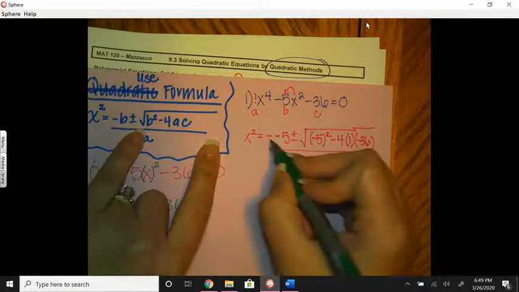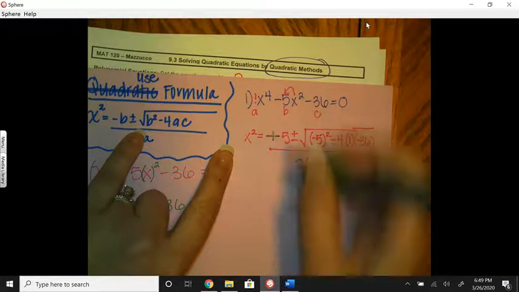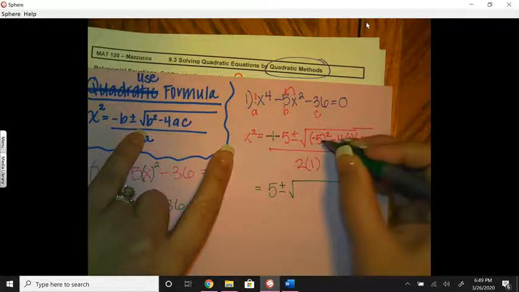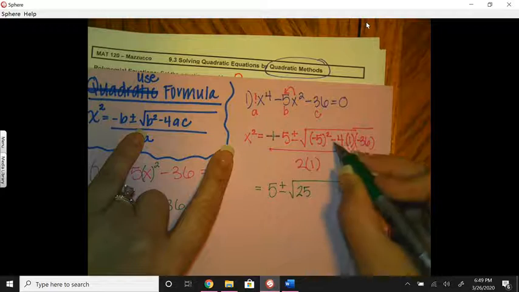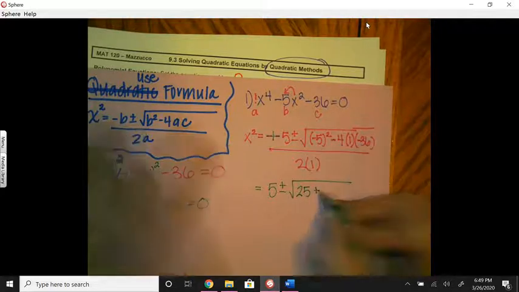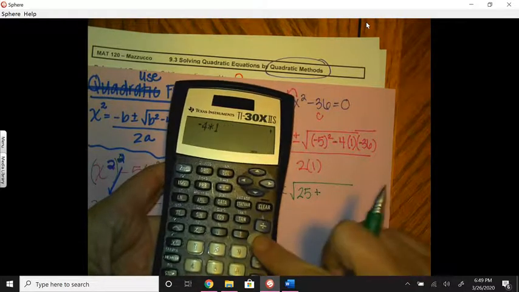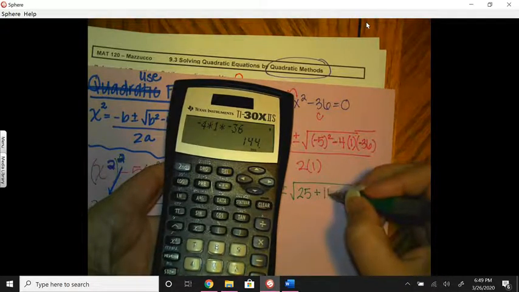Then we have the opposite of negative 5, that would make plus. So we would have 5 plus or minus the square root, negative 5 squared is 25, and then a negative times a negative is a positive. So if we put this in our calculator, negative 4 times 1 times negative 36, that's positive 144.